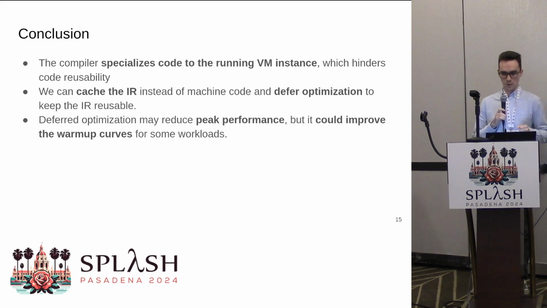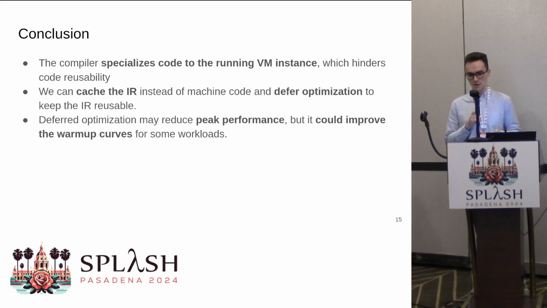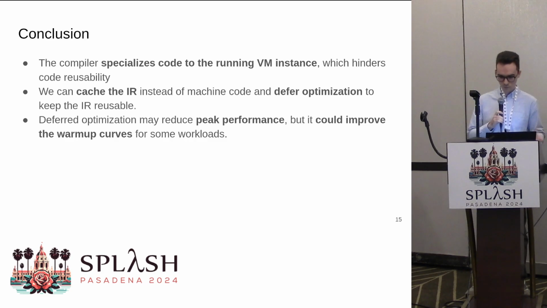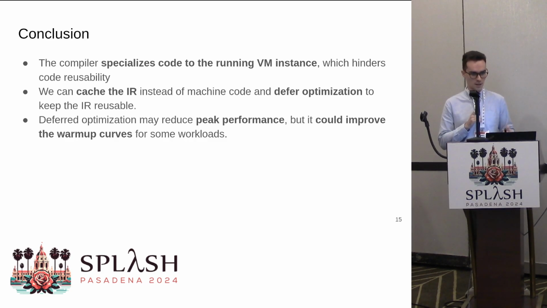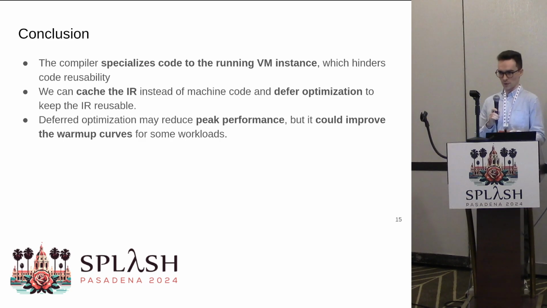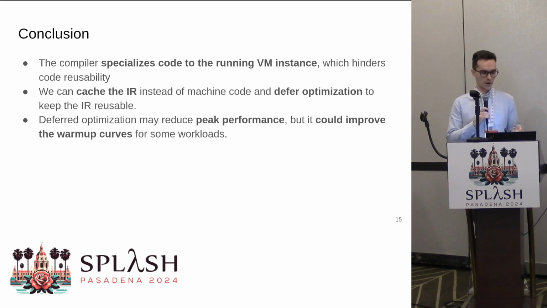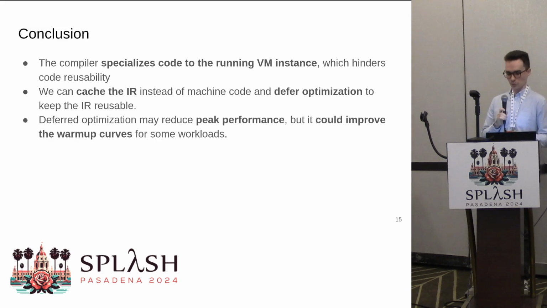The idea that we propose is caching the IR instead of the machine code, deferring optimization to make the IR reusable, and applying the optimization after the point of reuse so that we can still benefit from the performance improvements of VM-specific optimizations. And finally, deferred optimization may reduce peak performance, but it could potentially improve the warm-up curves for some of these workloads.